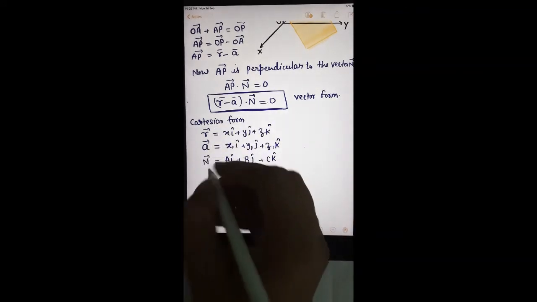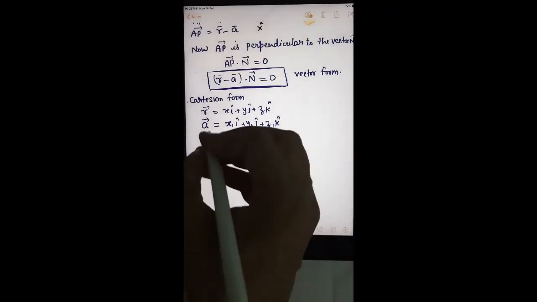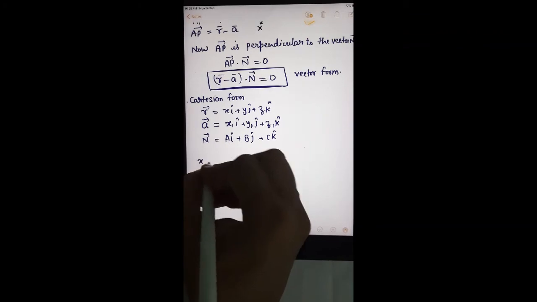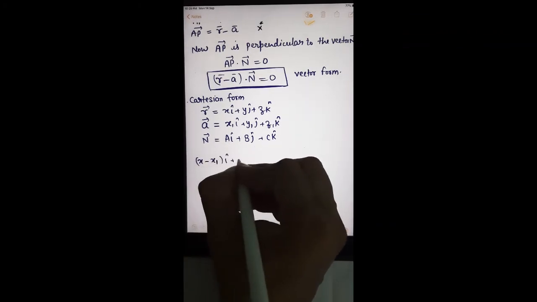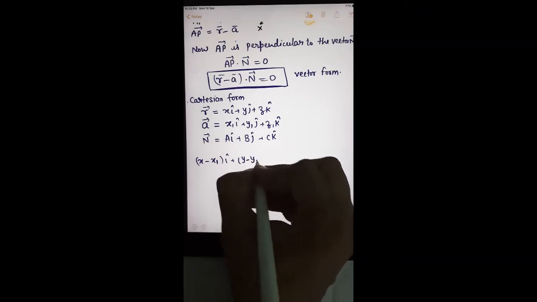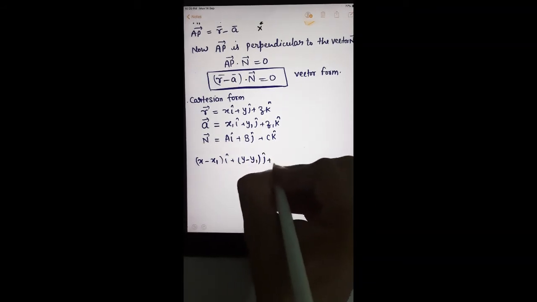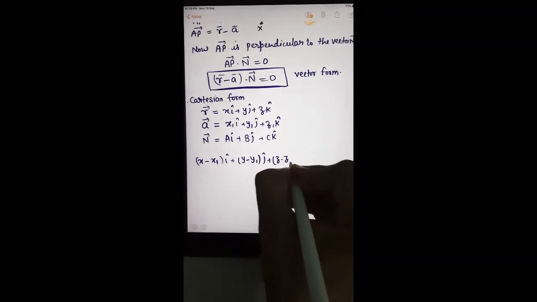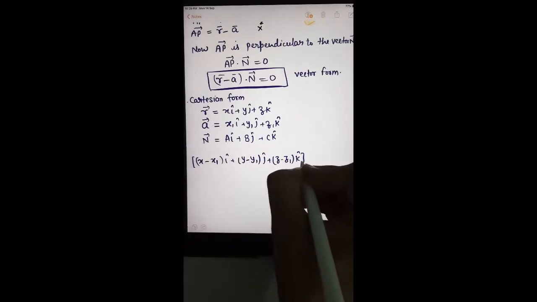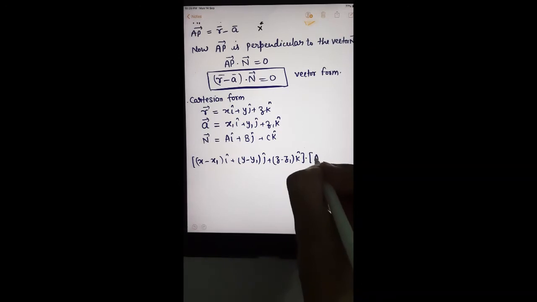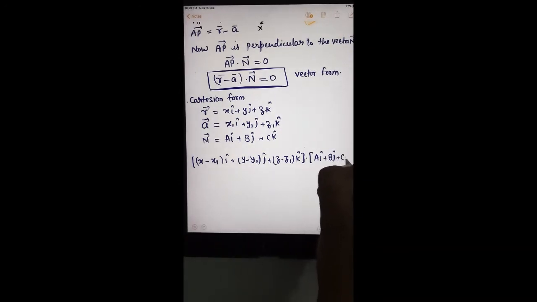On placing the values in (r minus a) dot n, r minus a will be (x minus x1)i + (y minus y1)j + (z minus z1)k, and the dot product with the normal vector ai + bj + ck is equal to 0.